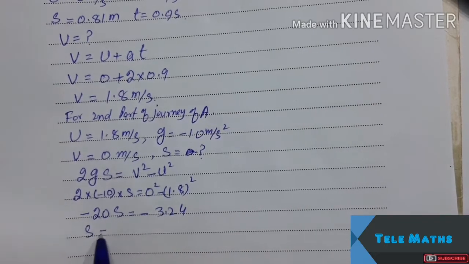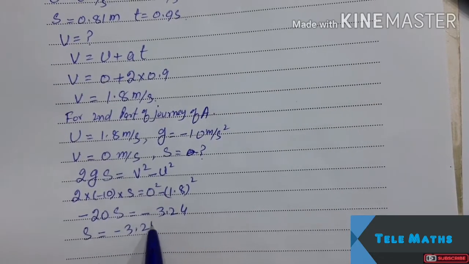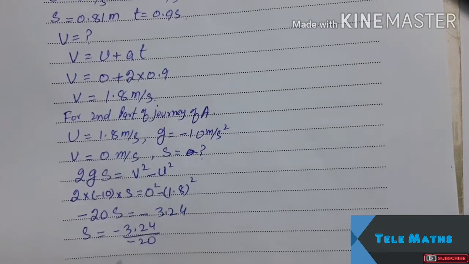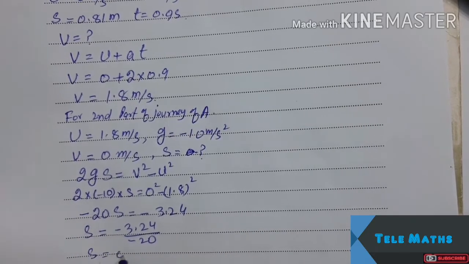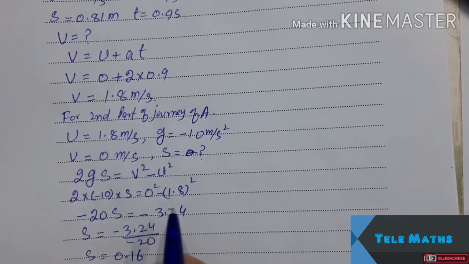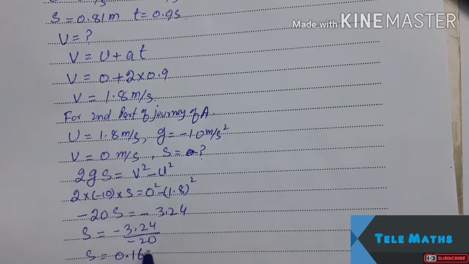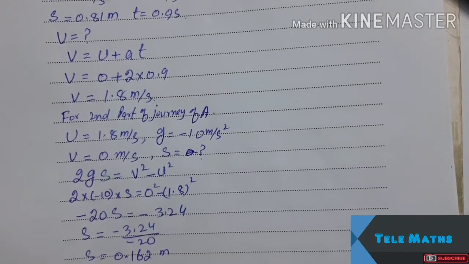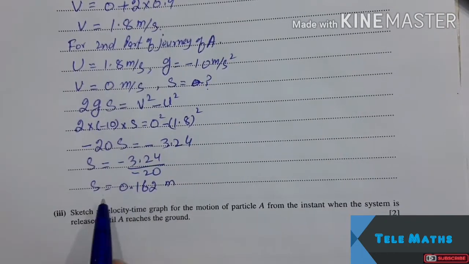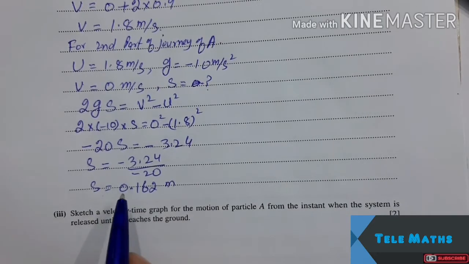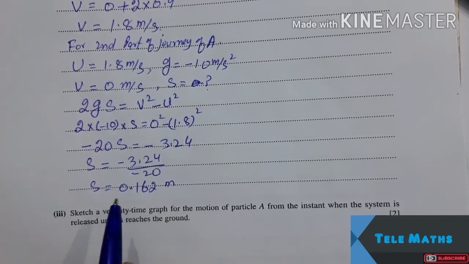So s is minus 3.24 over minus 20. s is equal to 0.162 meters. This is the distance covered by the particle A due to inertia.